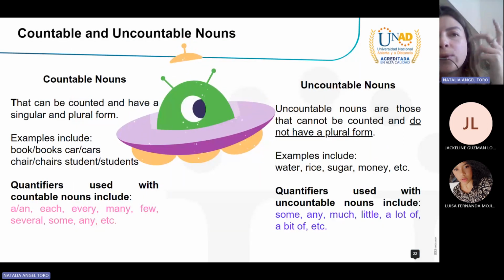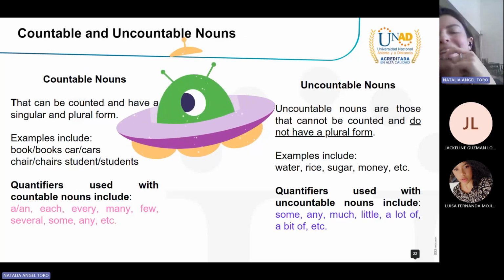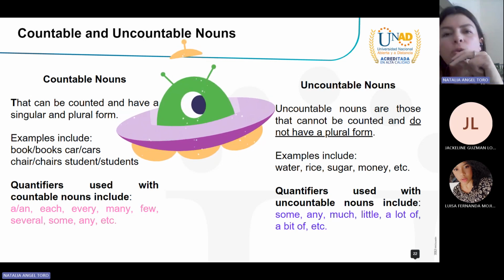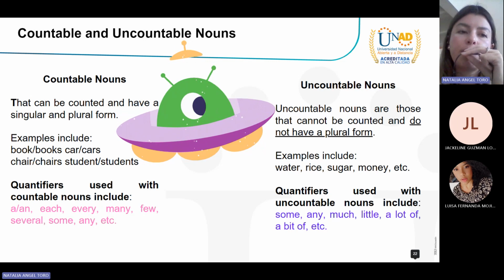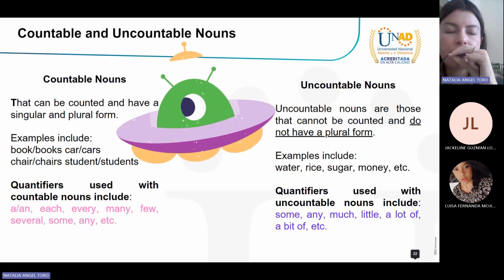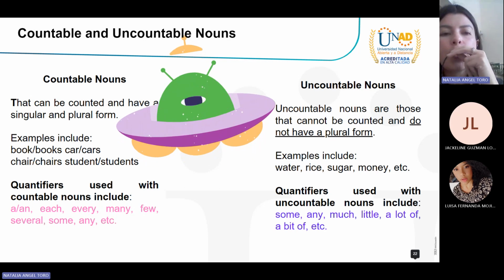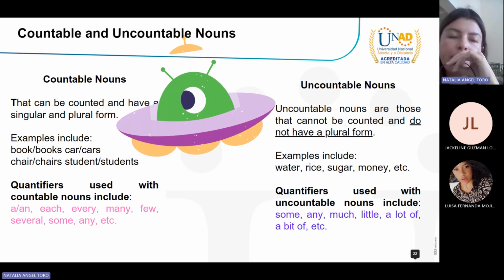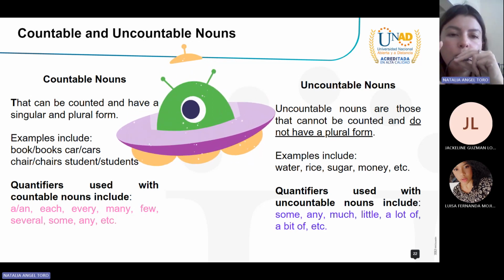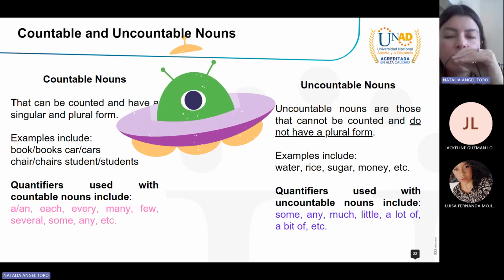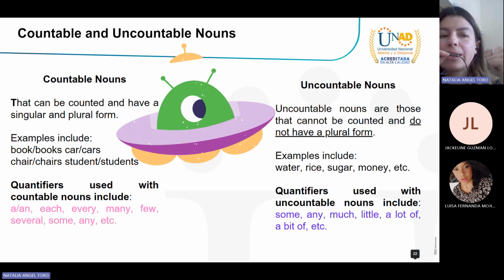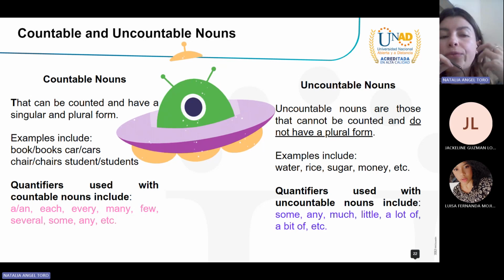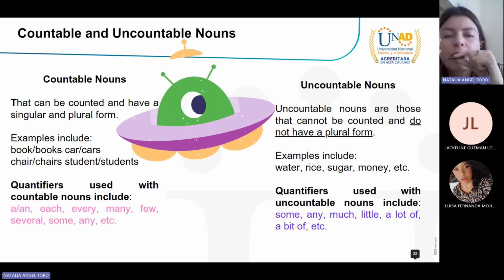So to understand quantifiers, we have to make a short review about countable and non-countable nouns. Maybe some of you participated last week with this topic, which was the grammar topic for last week. But anyway, just to remember, because it's useful to have this clear before understanding quantifiers: countable nouns refer to those nouns that we can count.